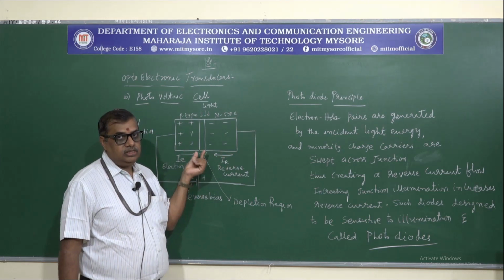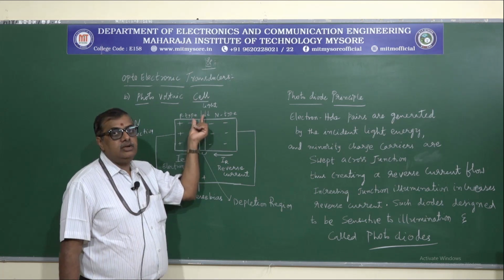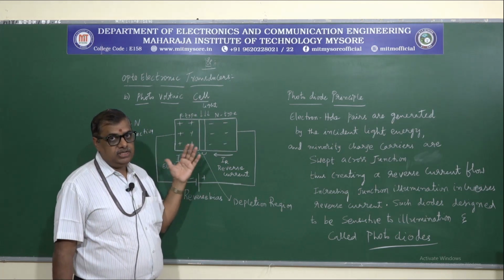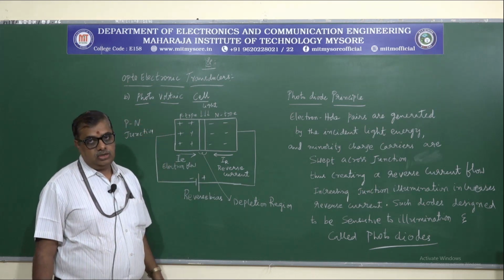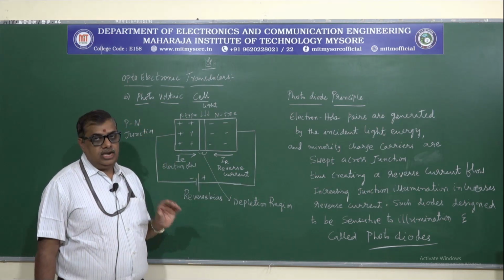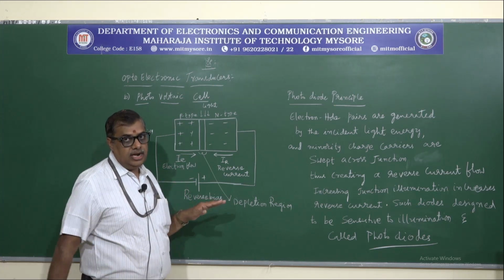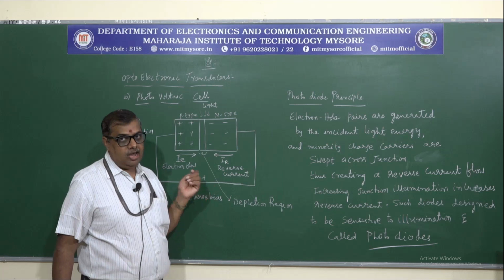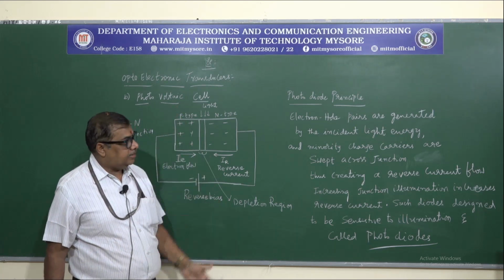That is with respect to the incident light on this material, and this principle is called a photovoltaic cell. As you know, in a solar cell, when light from the sun falls on it, it produces a small current, and that current is called photovoltaic current.